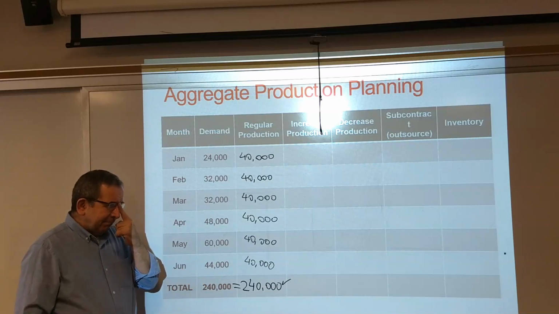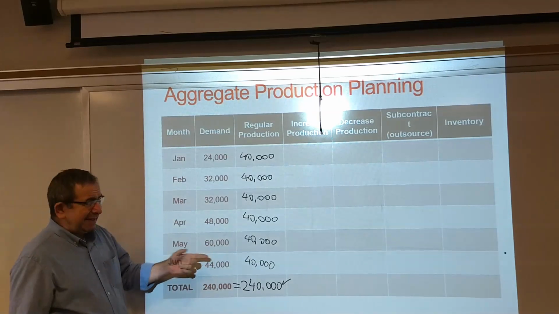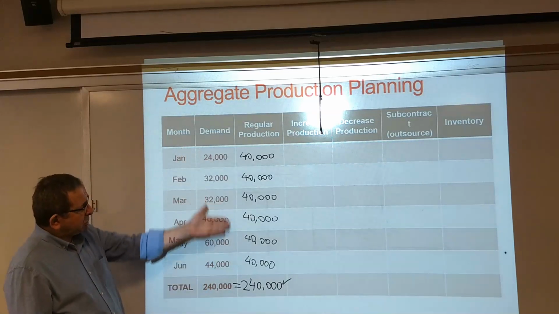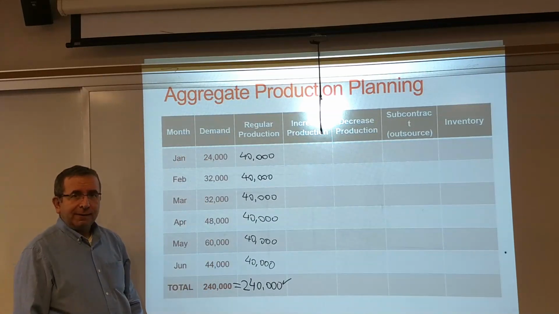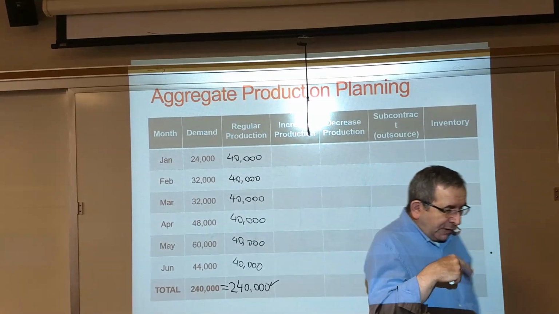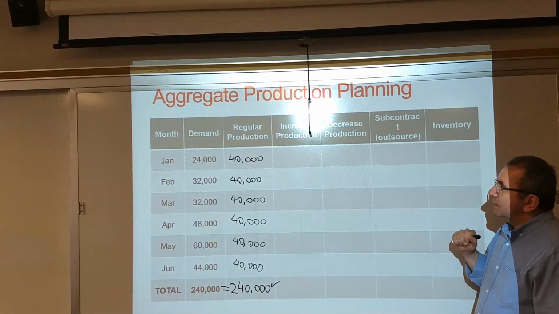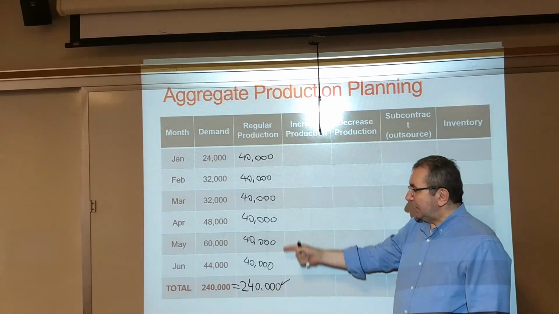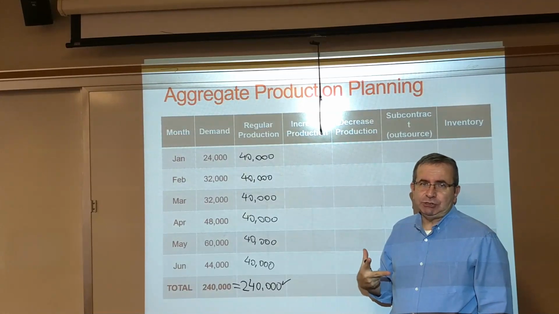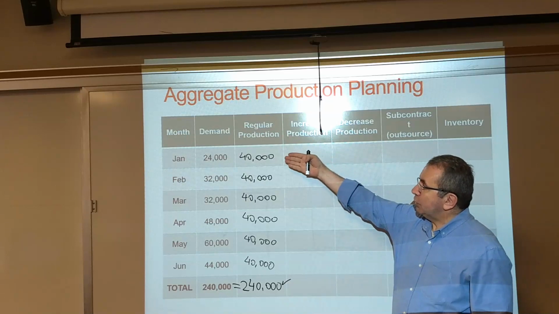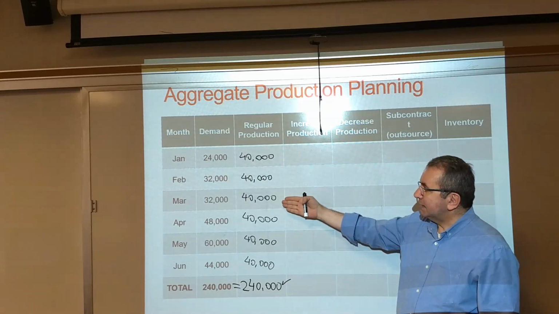Now, is this a good way? Is this the best way? Is this the best schedule? Is this the best plan? One advantage of this is, as a manager, this production plan is very easy to manage. Why? Because you make the same amount of product every month.